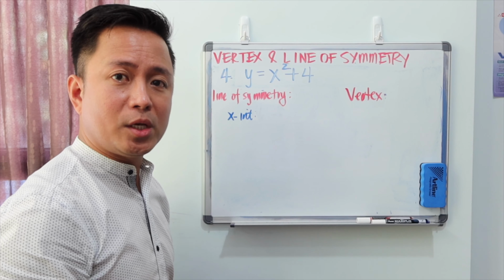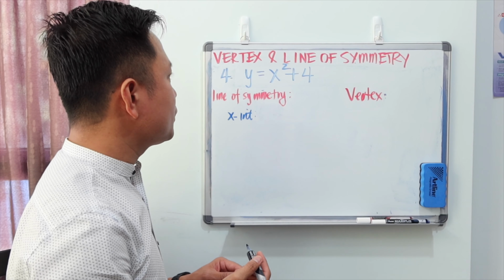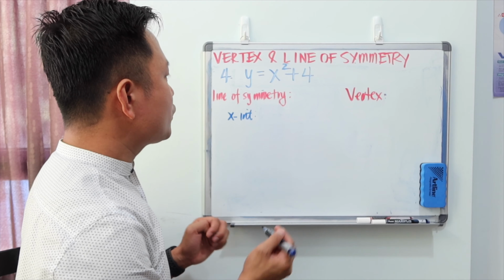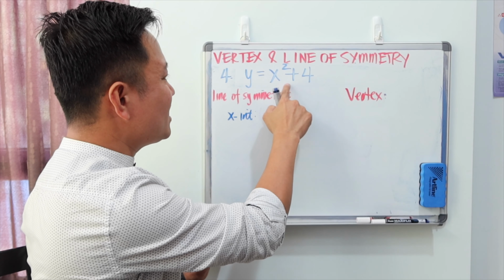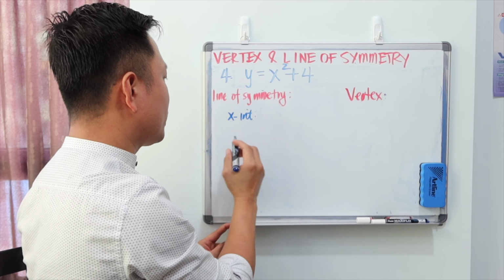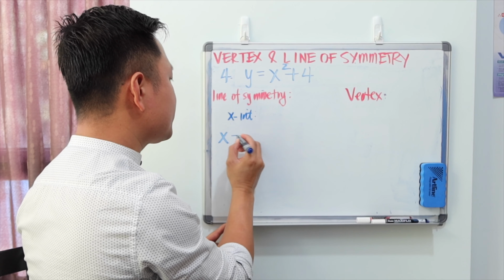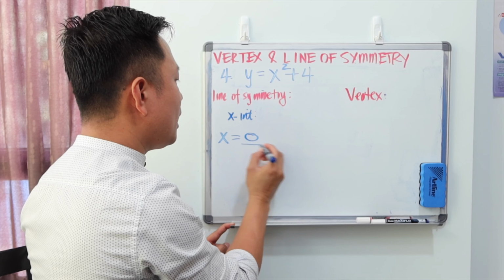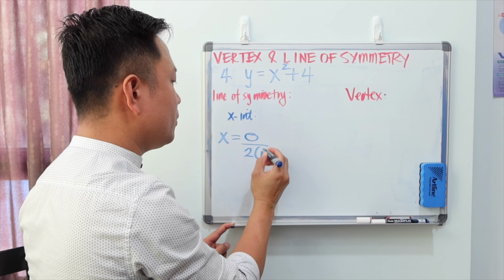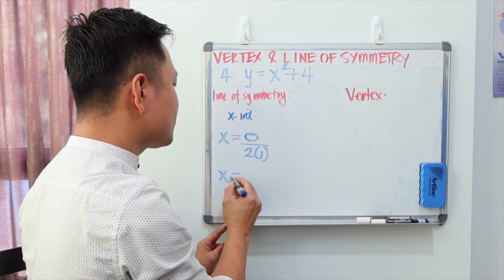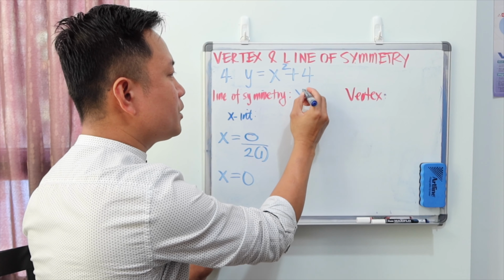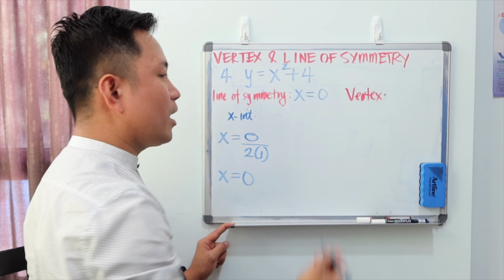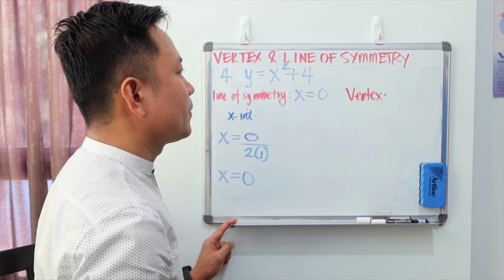Our question 4 is y is equal to x squared plus 4, which means that our a value is 1, b is 0, and c is 4. So using negative b over 2a, we have negative of b, which is 0, over 2 times our a value, which is 1, which means that the line of symmetry is x equals 0, or that is the same thing as the y-axis.